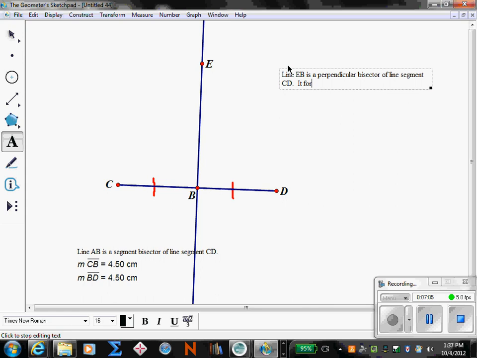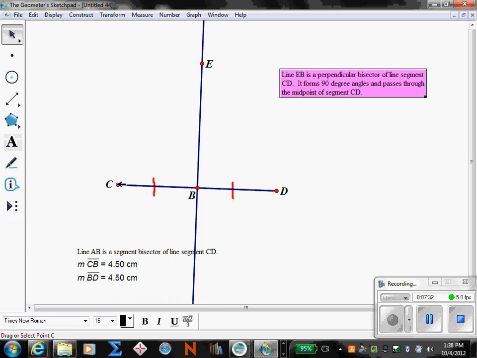It forms 90-degree angles and passes through the midpoint of segment CD. So there's your perpendicular bisector.